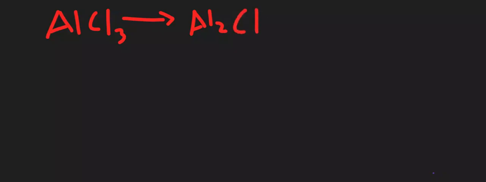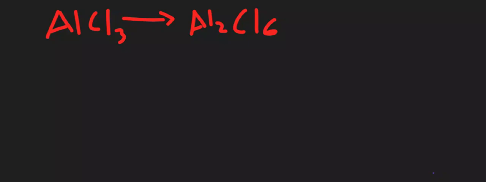In this video, I'm going to discuss aluminium chloride bonding, and I want you to note that aluminium chloride exists as a dimer. Therefore, other than existing as AlCl3, it will exist as Al2Cl6, so we'll have 2 atoms of aluminium and 6 atoms of chlorine.